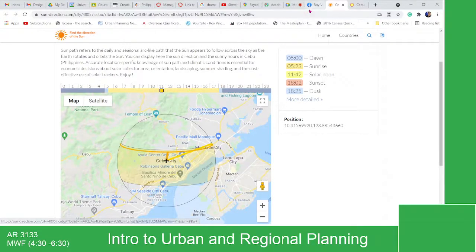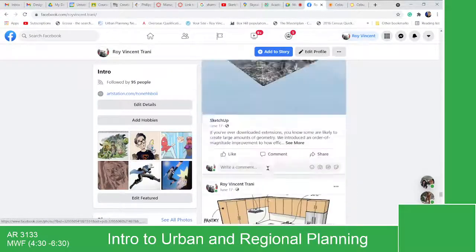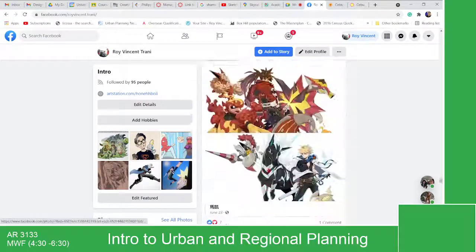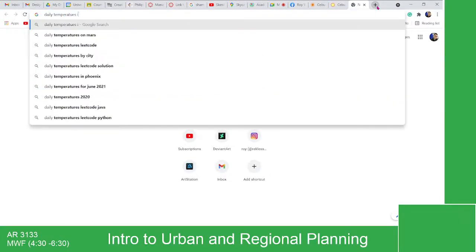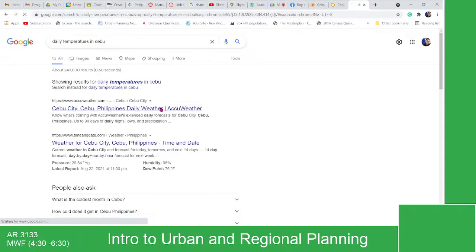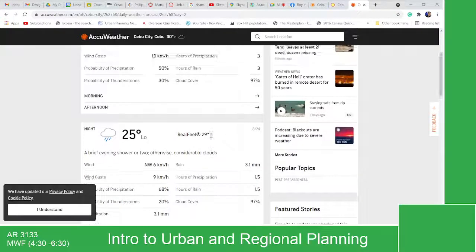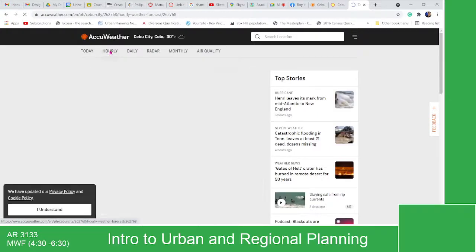But looking at the recent numbers over here, I looked at a website for daily temperatures in the Philippines. Actually, let me look it up here, in Cebu. Let's see, Monday, Tuesday. Let's look at details. Tuesday, that was yesterday. We got hourly.